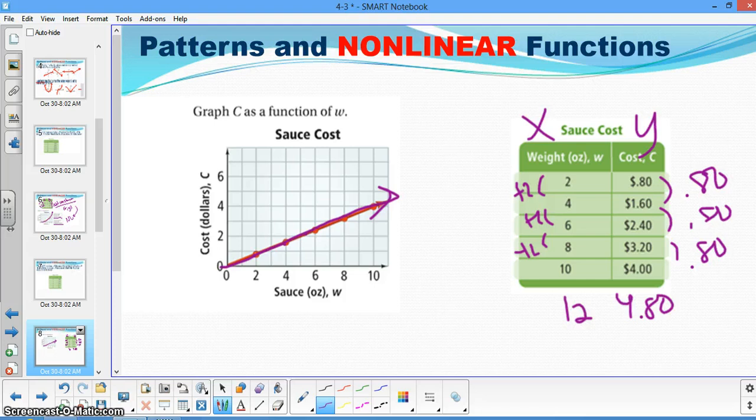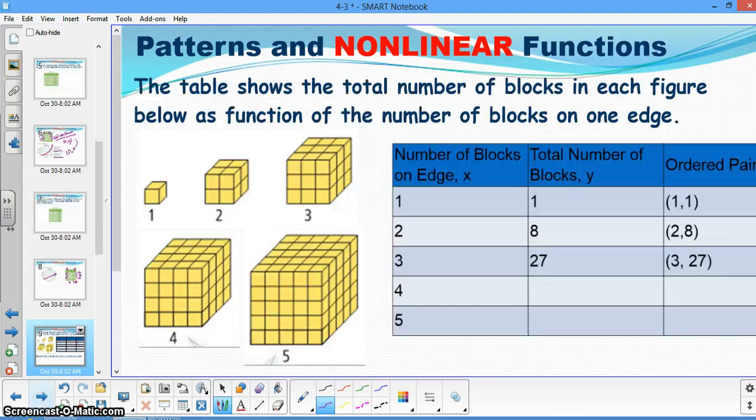Let's look at another example where we're going to increase our rigor. We want to look at this and create an equation. The table shows the total number of blocks in each figure below as a function of the number of blocks on one edge. So here's one block. How many edges? 2 blocks.